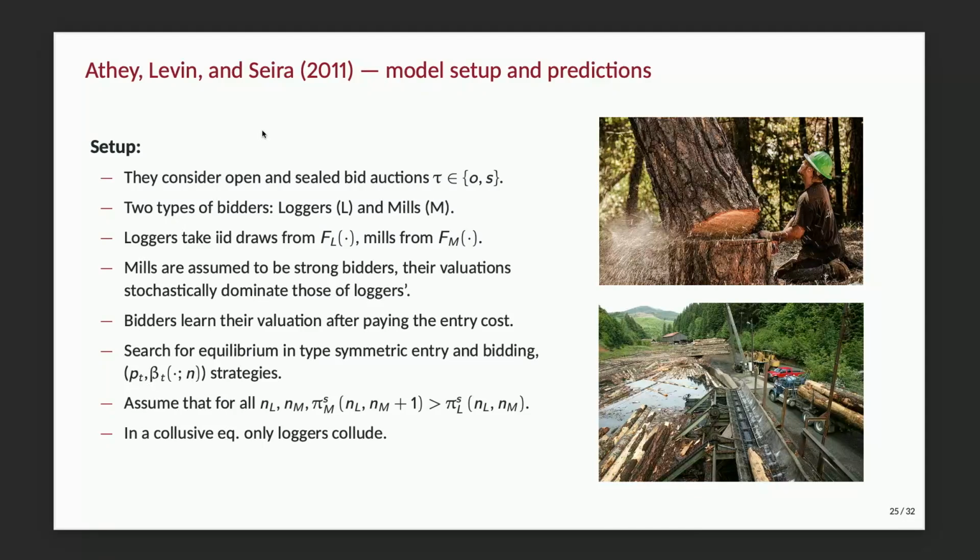Mills are bidders that have some production capacity of their own, so they can refine and work with the timber. Whereas loggers first have to find a buyer in the form of a mill. So they have to take an extra cut because they have to sell to mills first. And so what they're assuming is that loggers are weaker bidders in this setting. Precisely, they assume that the hazard rate of the mills' valuations dominates that of loggers.